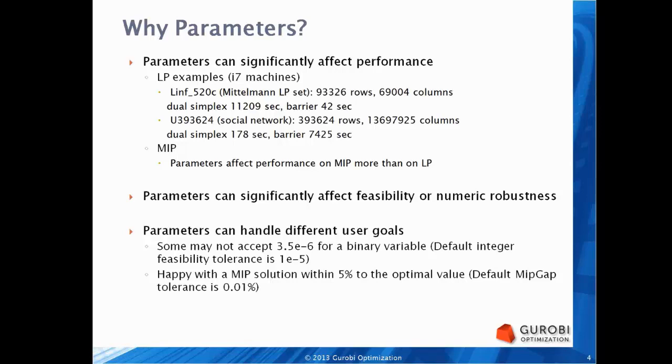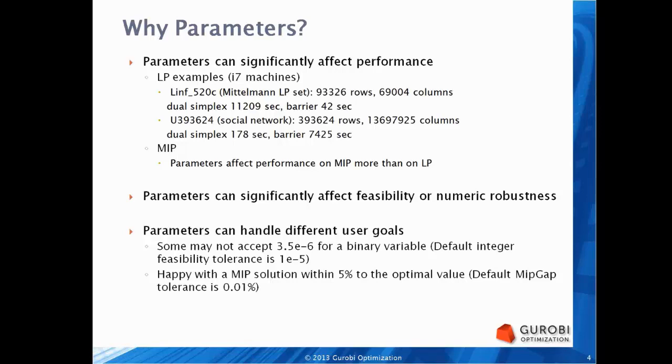Also, users often have different goals. For example, if you solve a MIP model, you may get a value for a binary variable like 3.10 to the -6. For most people that is okay, but for some applications, for some users, it's too big and you want to change it.